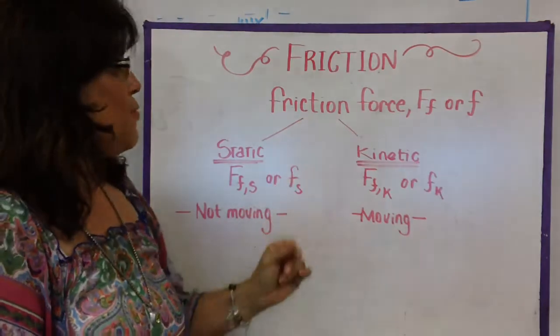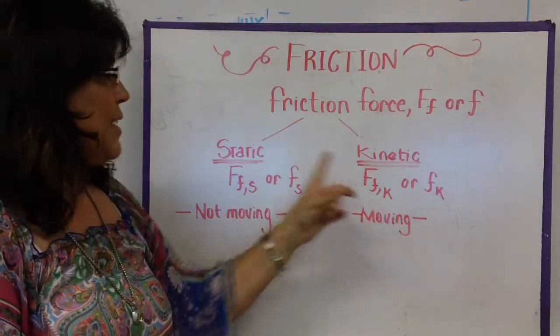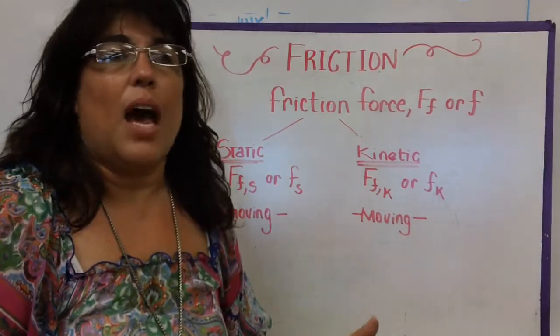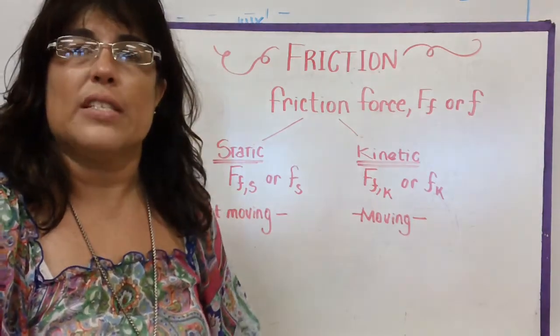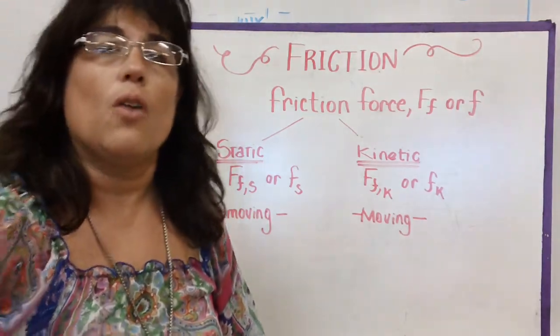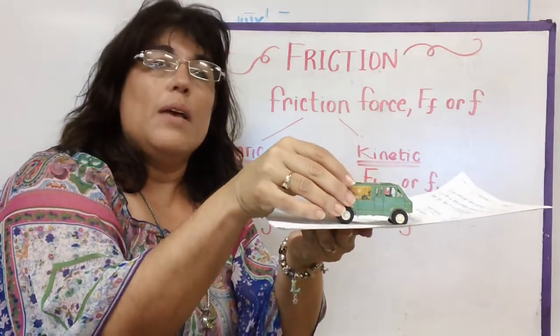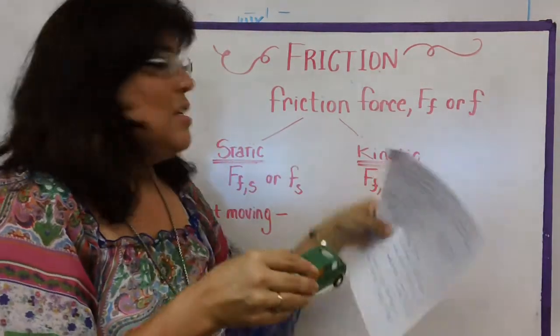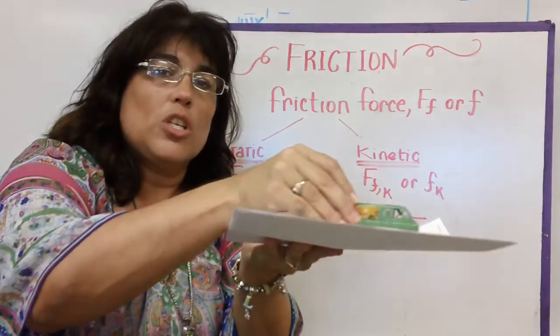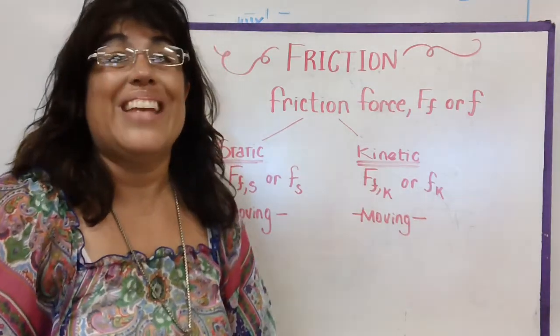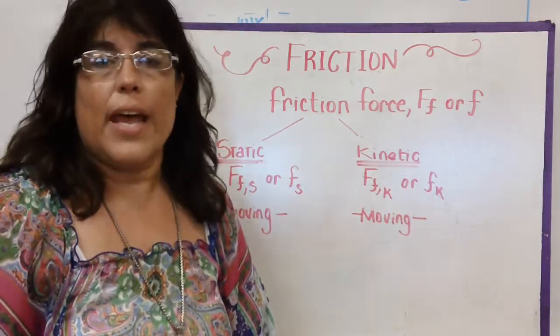Well, the two types of friction force are static and kinetic. Static means something's not moving. So if you have a static situation, this car right here is static. It's just going to be sitting right here. Over here is kinetic, meaning it has motion. So later on we'll be talking about kinetic energy, energy that has motion.